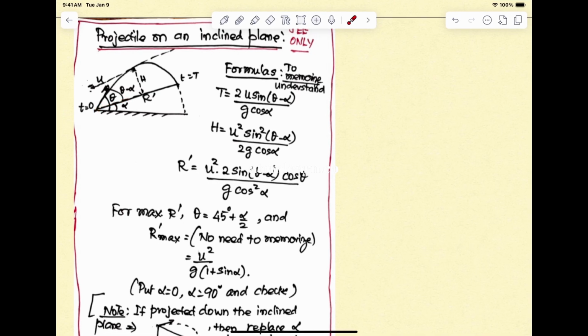Correct? Therefore, the perpendicular component is u sine theta minus alpha.